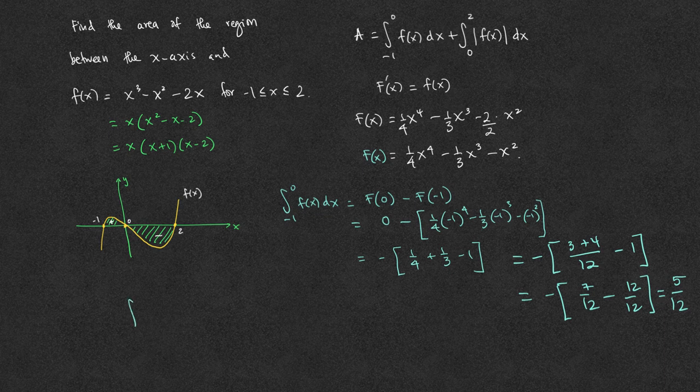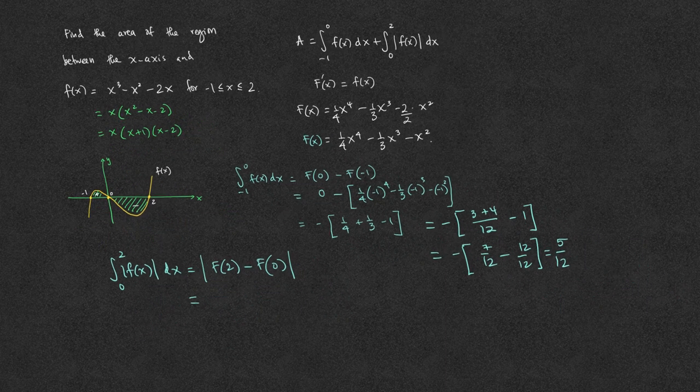The second region is the integral from 0 to 2 of the absolute value of f of x dx, and this is the absolute value of F of 2 minus F of 0. We know that it will be negative, so we take the absolute value.